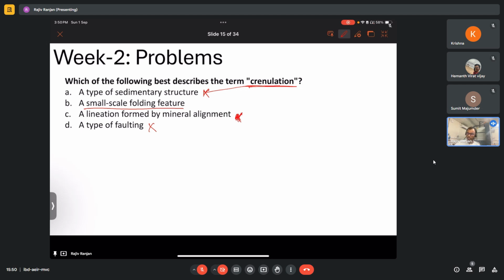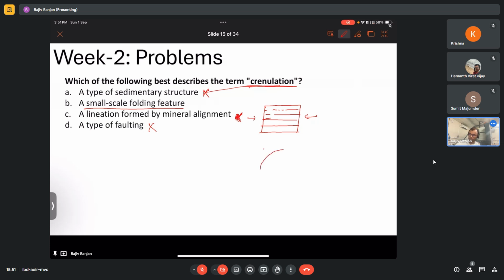I just discussed a couple of slides back that when your primary surface or primary bed, suppose this is your primary bed, gets folded.